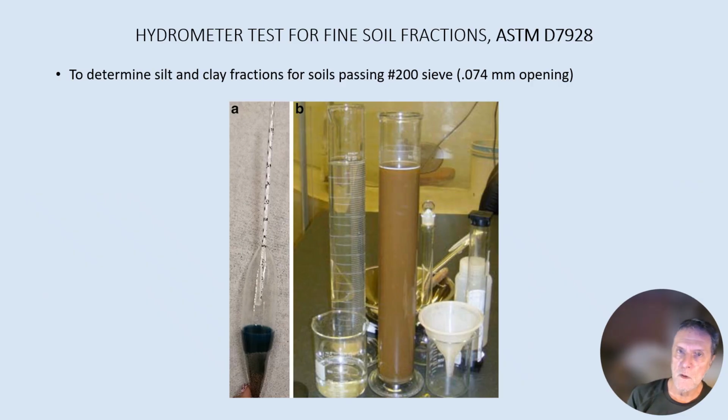Then the material that has passed through the number 200 sieve, the very fine stuff, clay size stuff, silt size stuff, you may run a hydrometer test to determine silt and clay fractions.